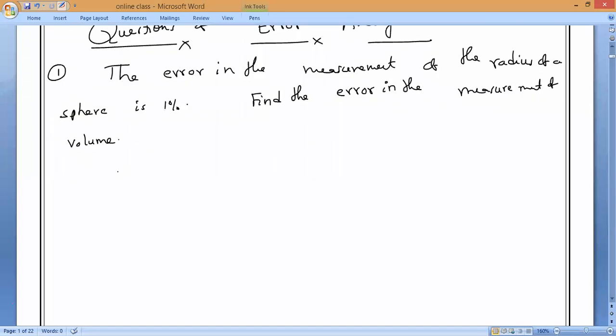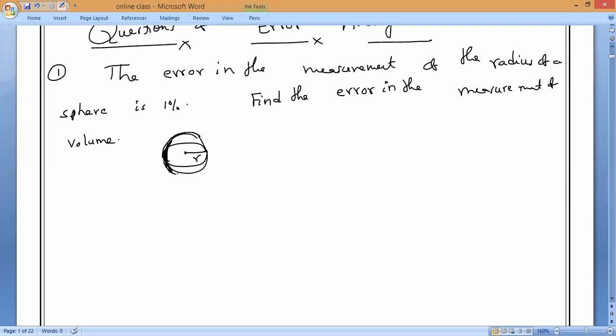Is it okay, everybody? The given thing is a sphere having a radius r. What is the percentage error of radius? 1%.